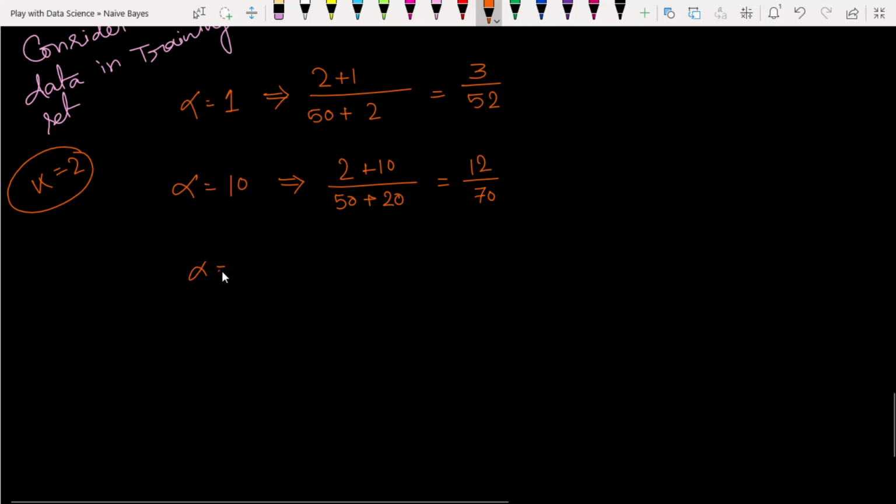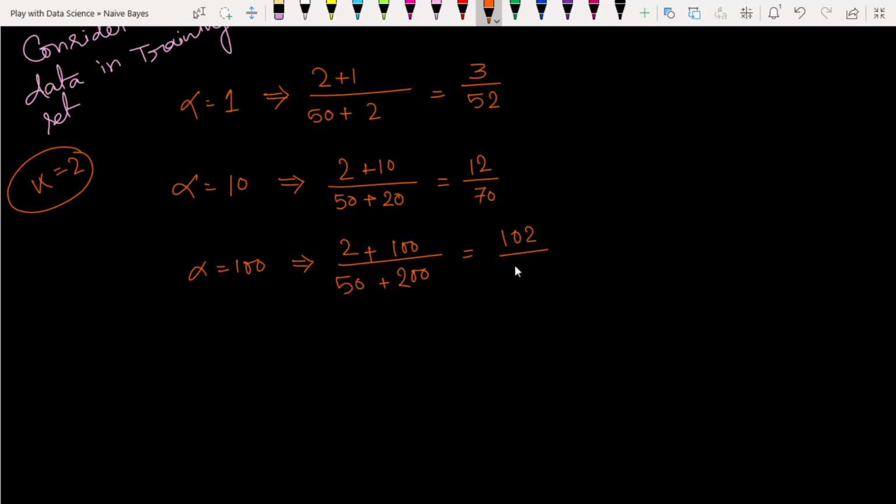Now let's take alpha equal to 100, just to compare how the value changes. 2 plus 100 over 50 plus 200, so this value will be 102 by 250. Let's take alpha equal to 1000: 1002 divided by 2050.